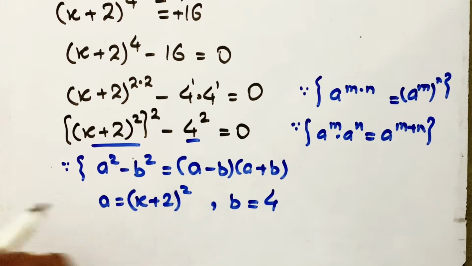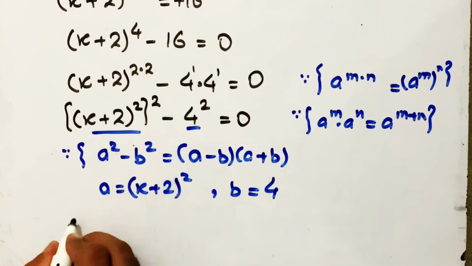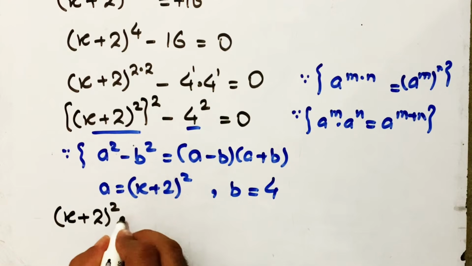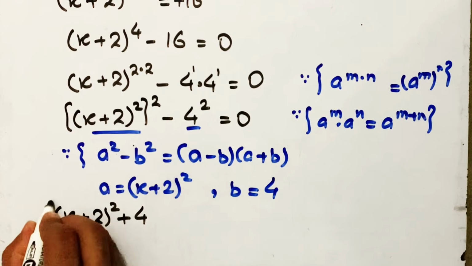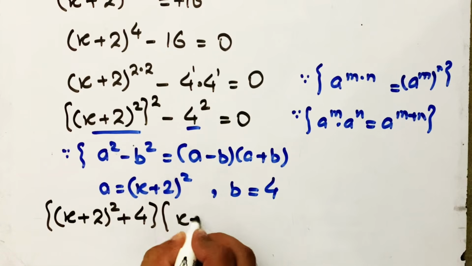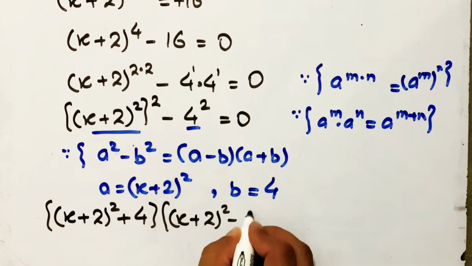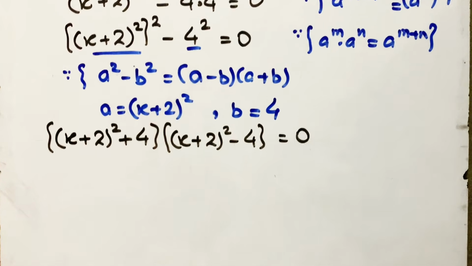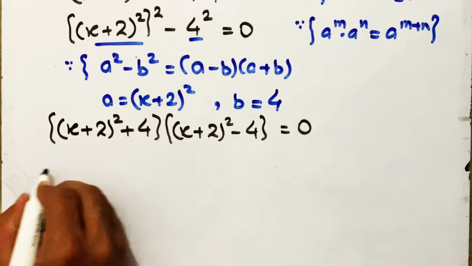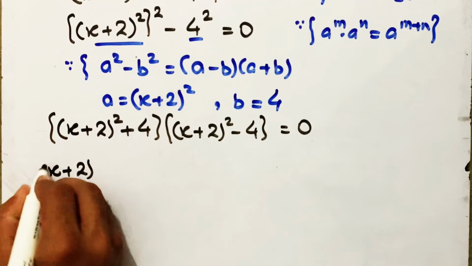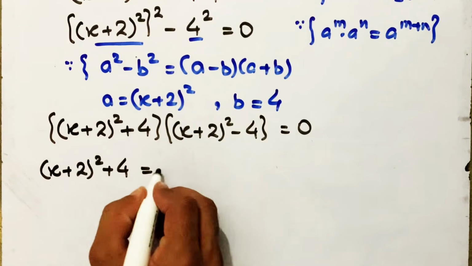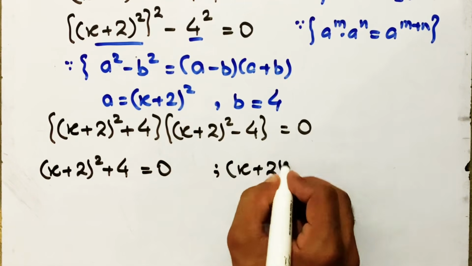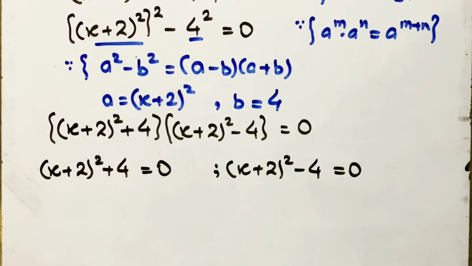So our equation is ((x + 2)^2 + 4) into ((x + 2)^2 - 4) = 0. So I got two factors: (x + 2)^2 + 4 = 0, or (x + 2)^2 - 4 = 0.